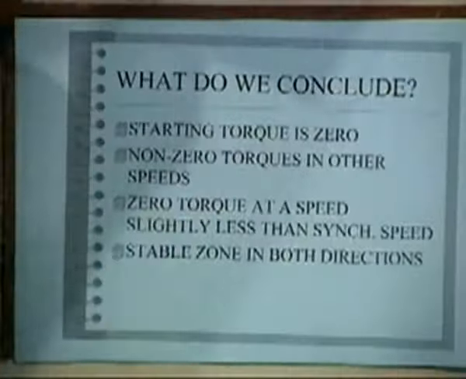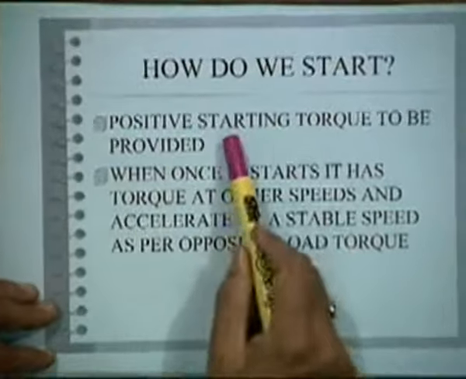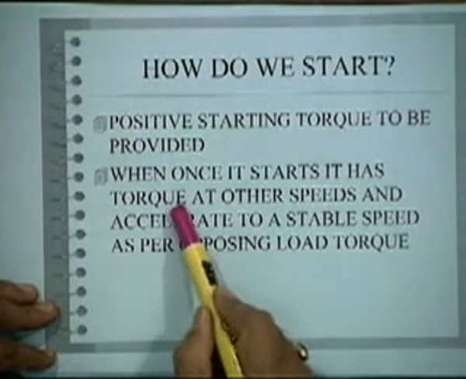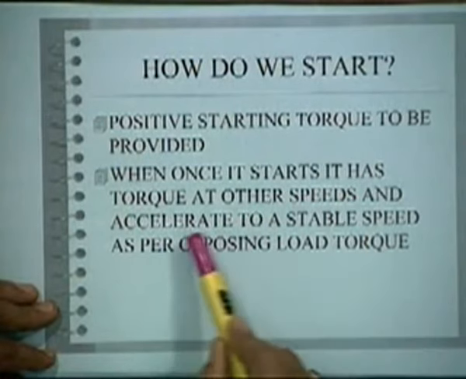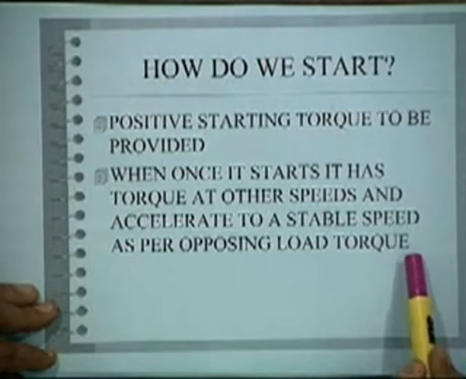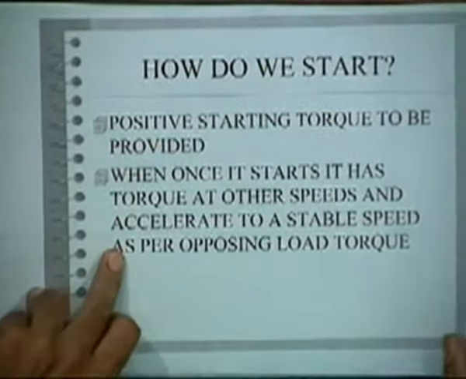Okay. Now how do we start? The positive starting torque has to be provided. Once it starts, it has torque at other speeds and accelerates to a stable speed as per the opposing load torque. Okay. I think this is what we have said. Then how to provide starting torque?